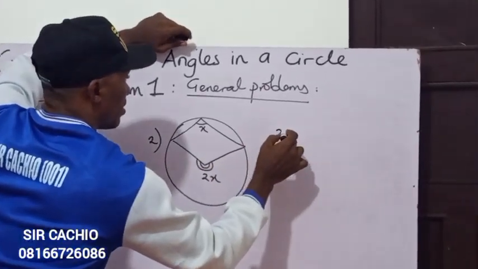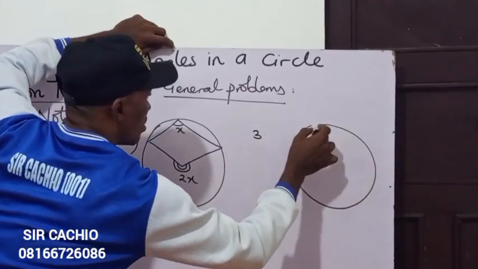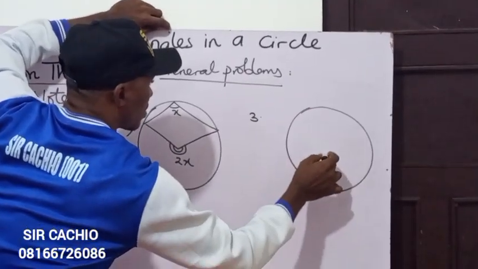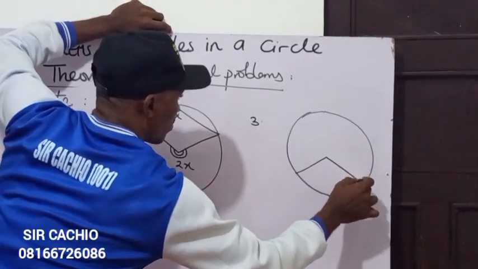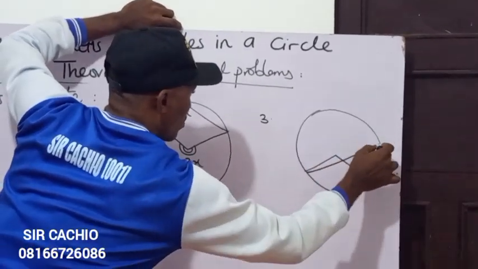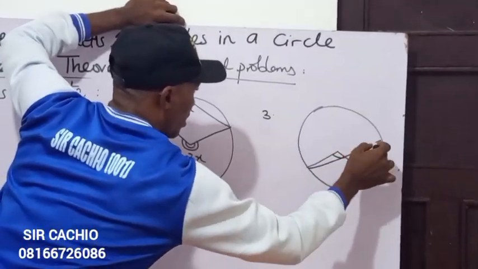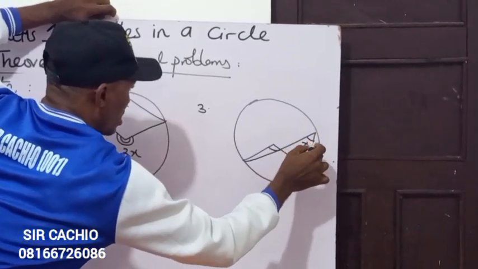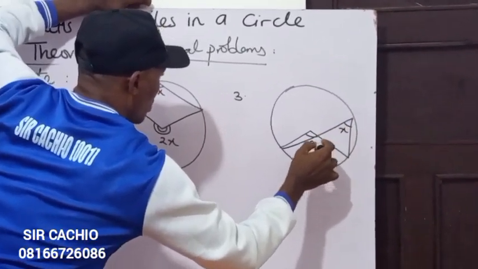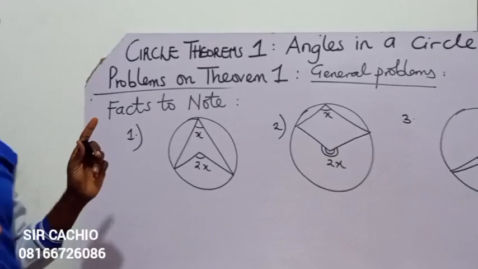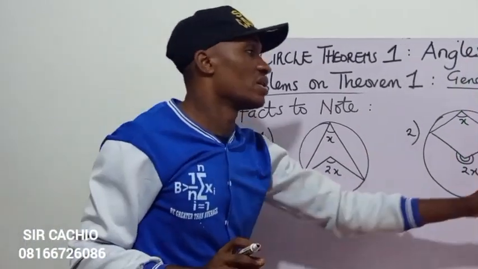We have case 3. If here is x, then here is 2x. This is the first thing you need to note. Case 1, case 2, case 3.